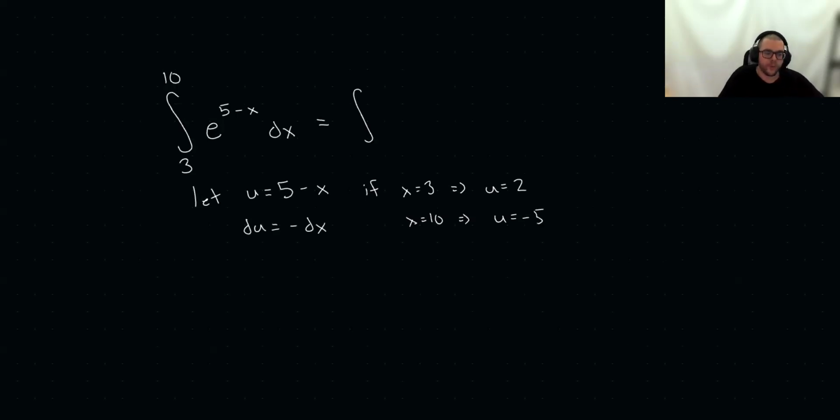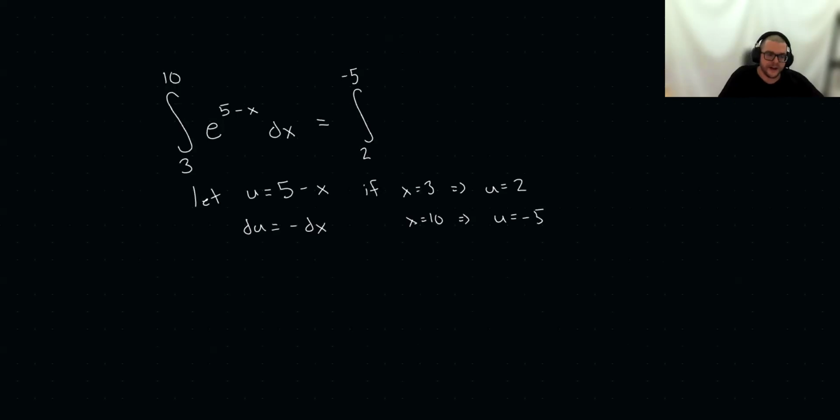So what was 3 turns into 2, and what was 10 turns into -5. And it doesn't matter that now we're going from a bigger number to a smaller number. It's not like we just add a negative because it's going in the opposite direction or something. No, no, no. This is just what the bounds turned into. I could flip the bounds to be -5 to 2, and then stick a negative in front if I wanted to use that integral property. But let's not do that.